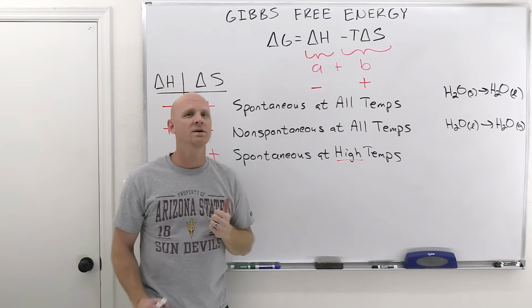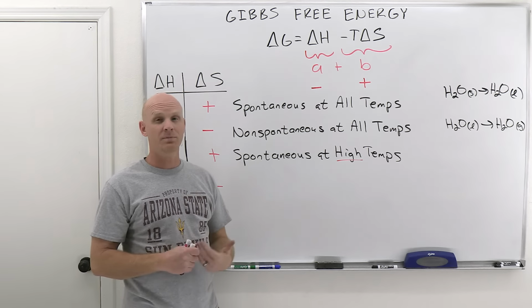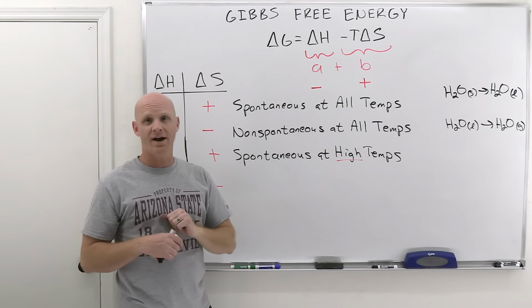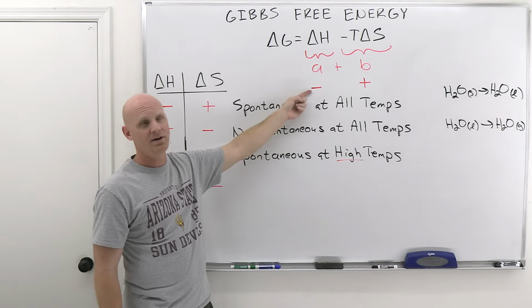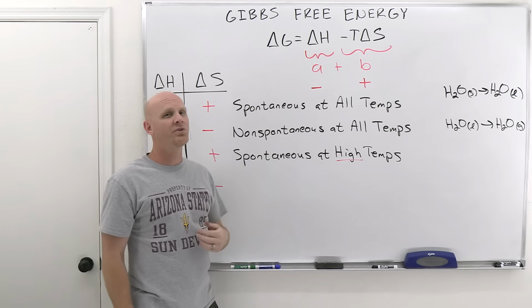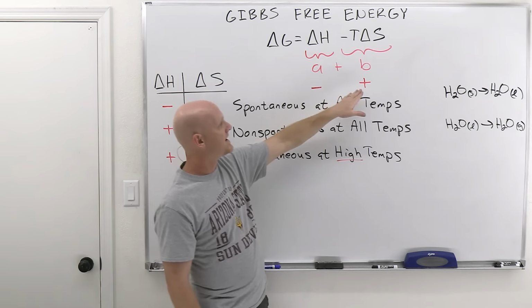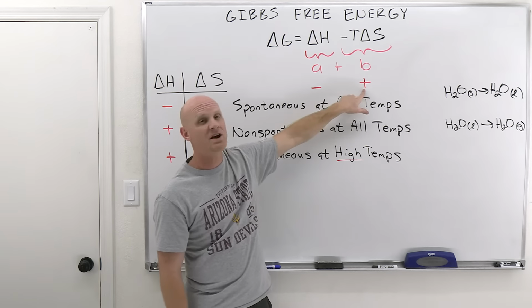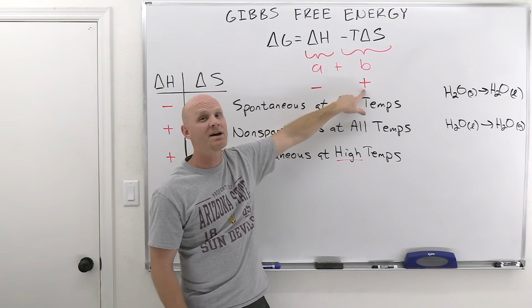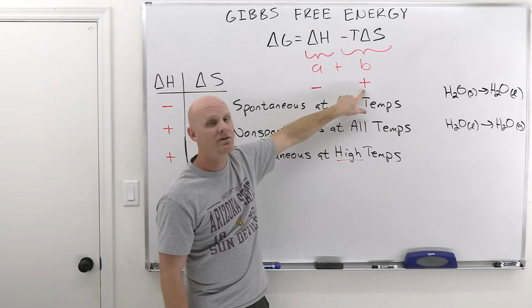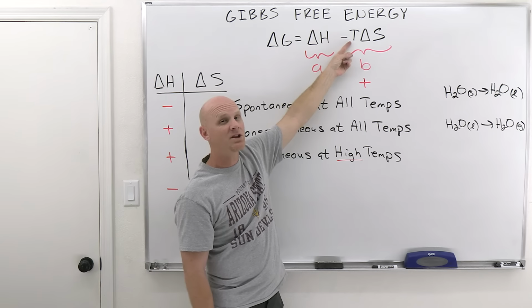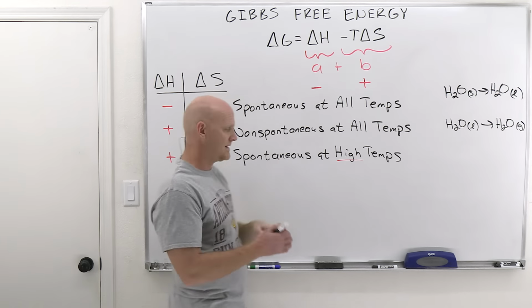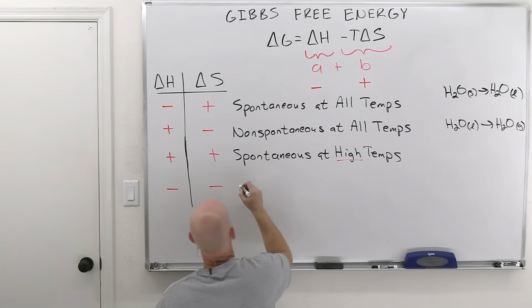If my goal is to come out with an overall negative number, that way delta G comes out negative and the reaction is spontaneous, well, then I want the negative term to have the larger magnitude. Well, again, I can't really change the value of delta H in any significant way, but the second term has temperature in it, and in this case, I don't want to make it as big as possible. I want to make it as small as possible. That way the positive term will be smaller than the negative term. And so in this case, I want to limit the size of it by lowering the value of T I plug in.